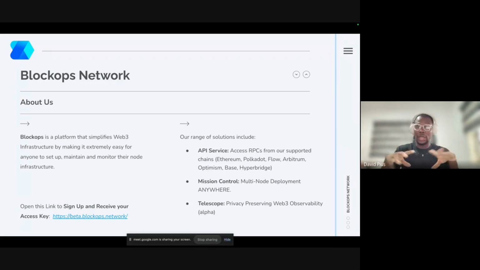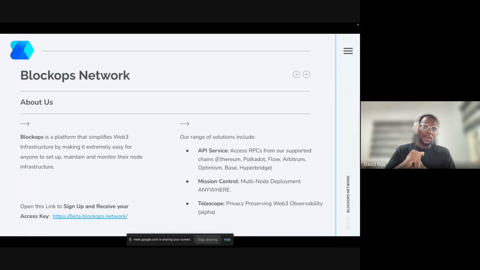You could just plug and play. You could just log in, the way you log into your Instagram or your Twitter, and see how easy it is to set up those kinds of accounts. That's also what we're trying to do at Blockops, so it's easy for you to set up those nodes just by coming on the platform itself.